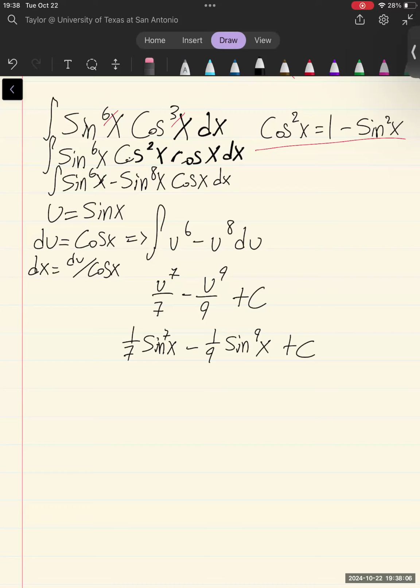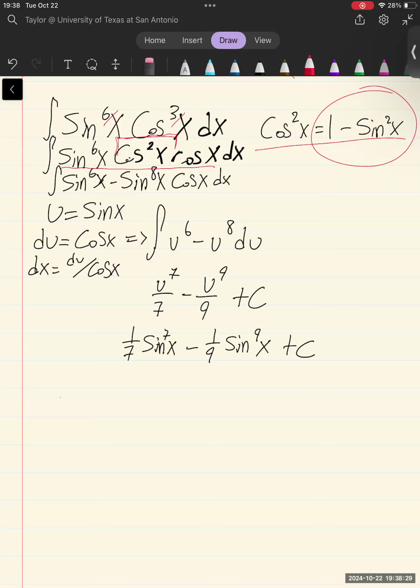Yeah, everyone's wondering where the sine 8 came from. Oh, okay, yeah. So we're using the antiderivative. We're using 1 minus u squared, u to the 6th. So I'm gonna take this expression and substitute in this cosine squared with this identity here.